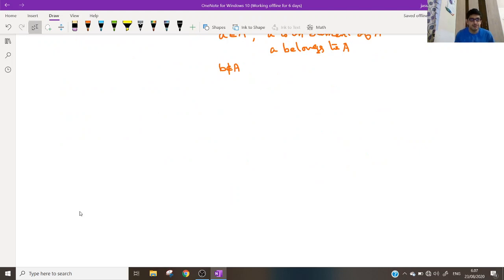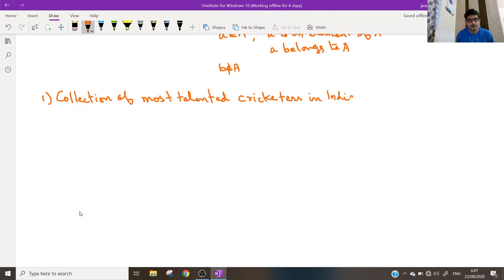Now, collections which are not well defined. The first one is the collection of most talented cricketers in India. This collection is not well defined, so it is not a set.